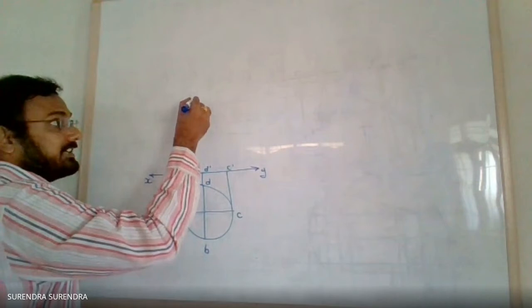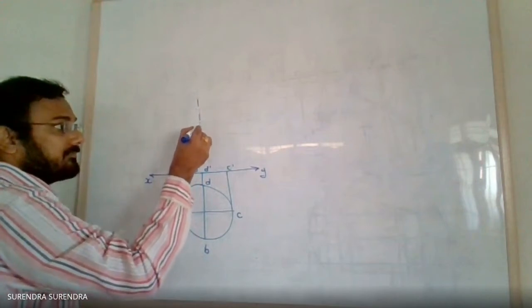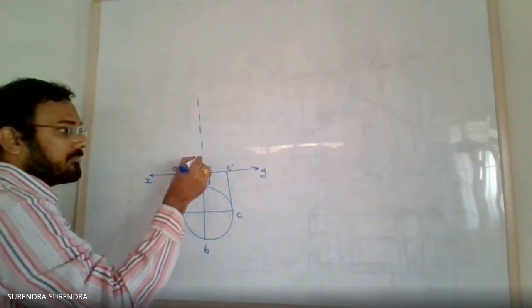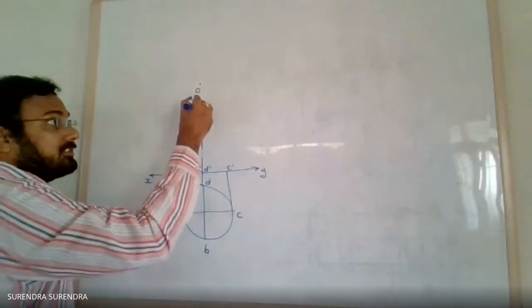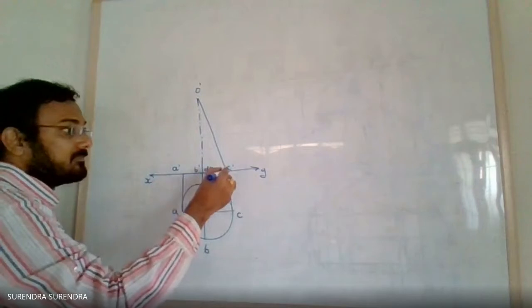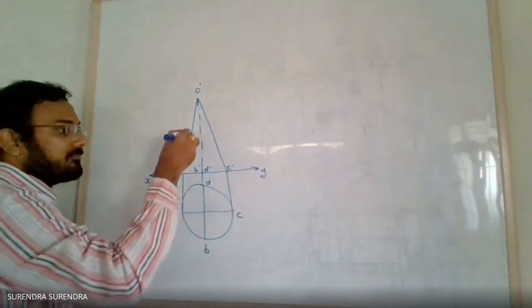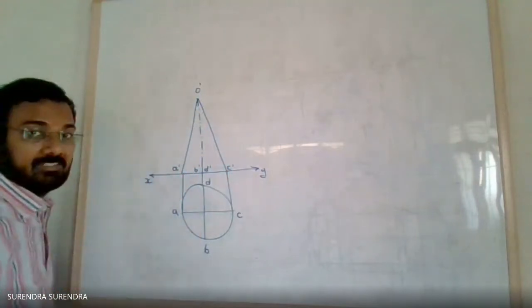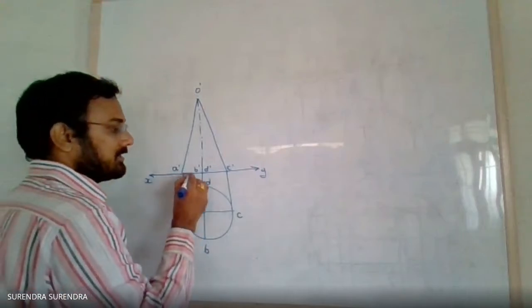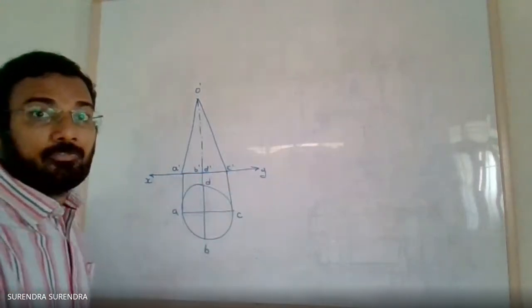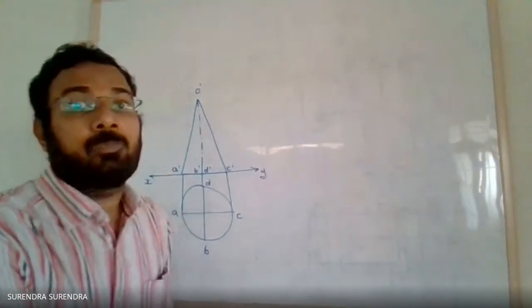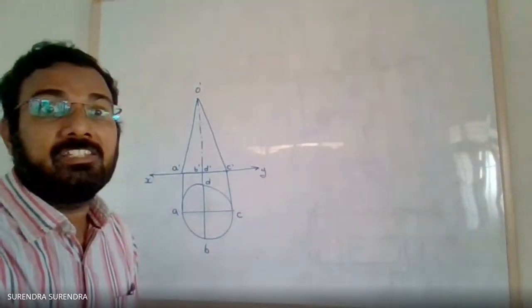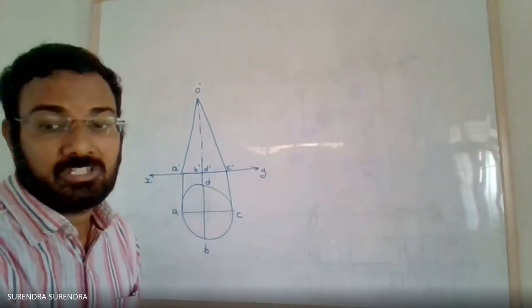Draw the axis line O dash. Join all the base points to the axis. So this is the projection of a cone when it is in simple position.